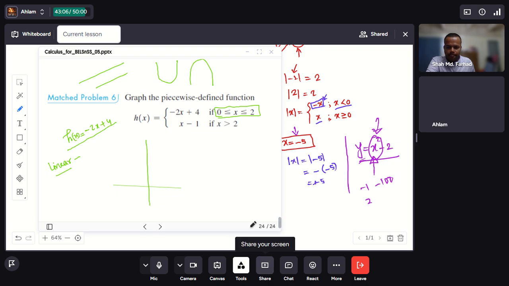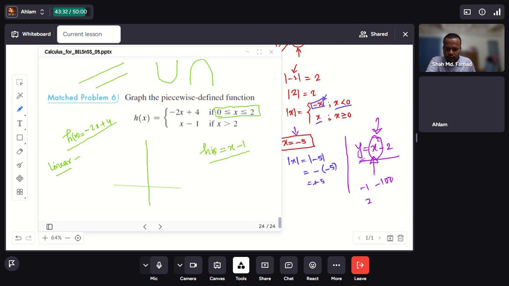So the second one, h of x, from 2 up to infinity, equals x minus 1. This one is also a linear function, so we will get a line from this.